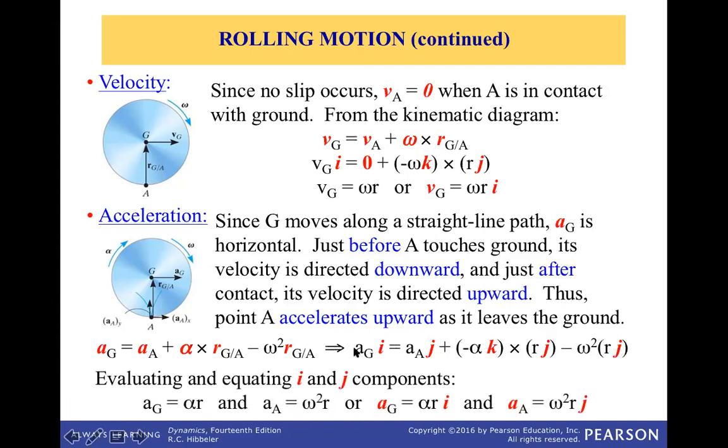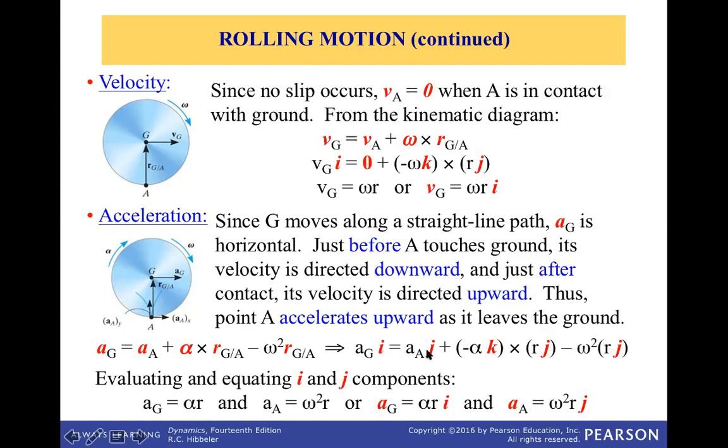Then you'll be looking at the I component and J component of the left-hand side and right-hand side. So k cross j will give you minus i, so minus minus becomes positive. So a sub G in the I direction will be just alpha times R. That's what you have.